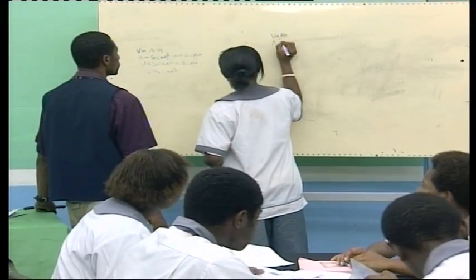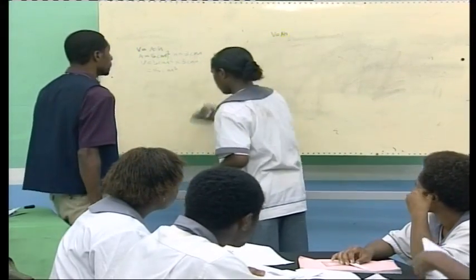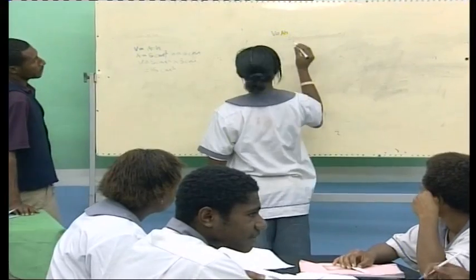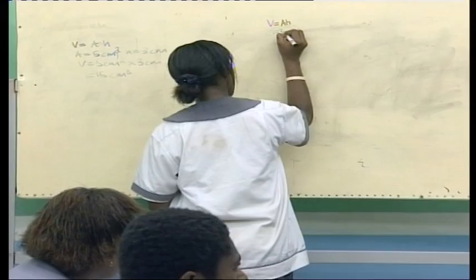Equal to. You already wrote the formula. Okay? Just write the volume, or area of the base times the height. That's all. Equal to 27 square centimeter.